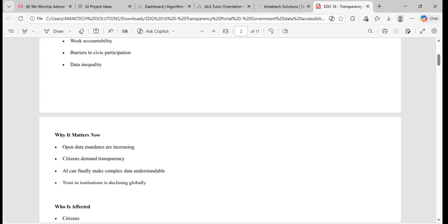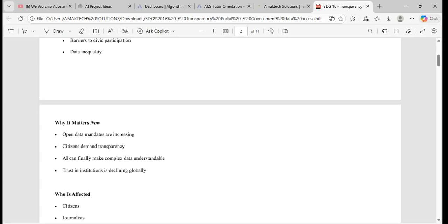That's why we are looking for a transparency portal where everyone can have access to the data provided by government entities. And then AI can finally make complex data understandable.